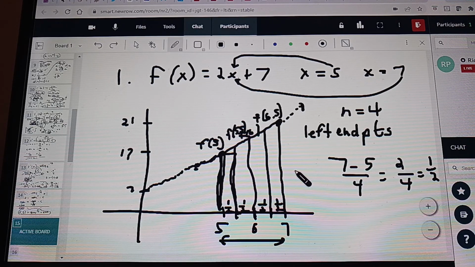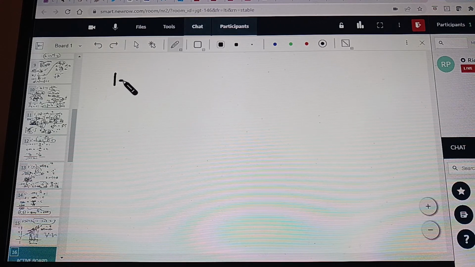These will get you your 4 left heights. And then area is length times width, or base times height in essence. So every width, or base, is 1/2. And then the heights are going to be different spots that we'll go to. So I need to figure out, and maybe you might want to make a table here, left endpoints. And then we're also going to do right endpoints.